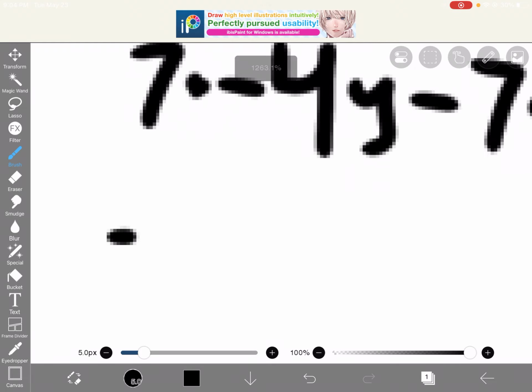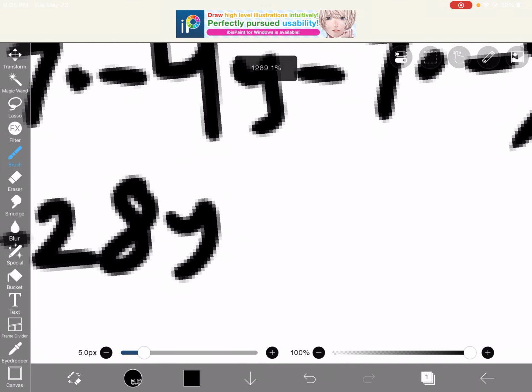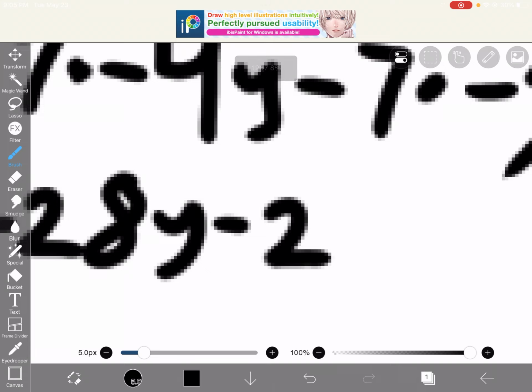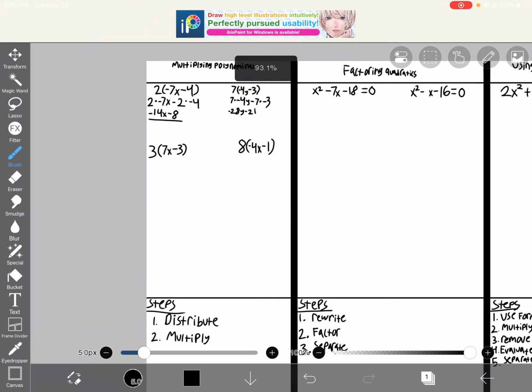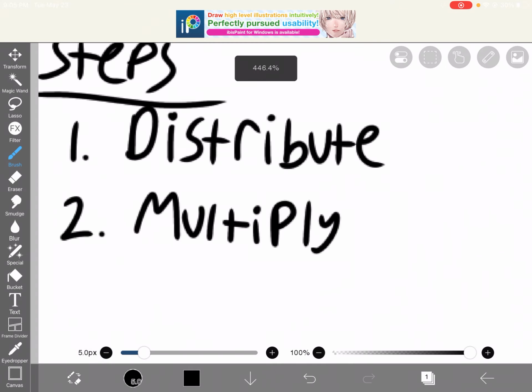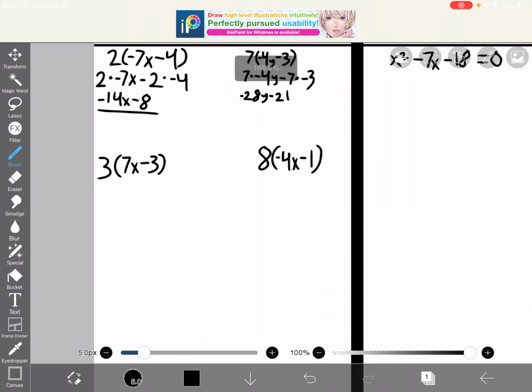So that would be negative 28y minus 21. It's really just as simple as that. It's nothing too complex. It's just 2 steps. You basically just distribute and simplify.